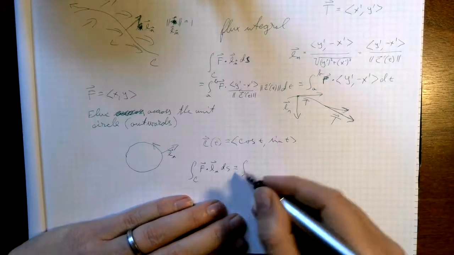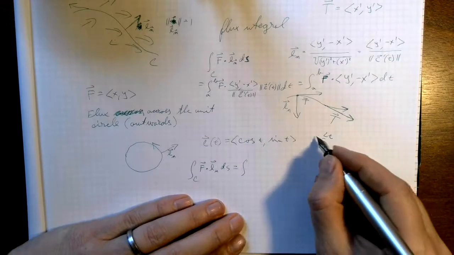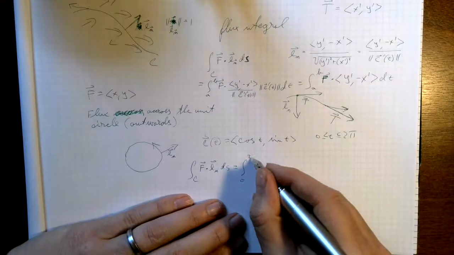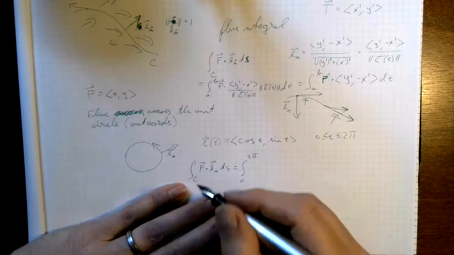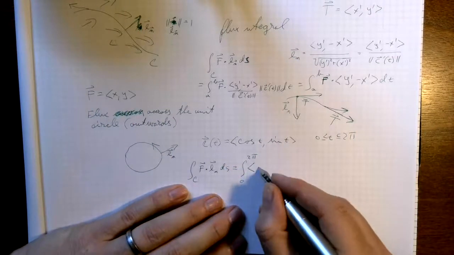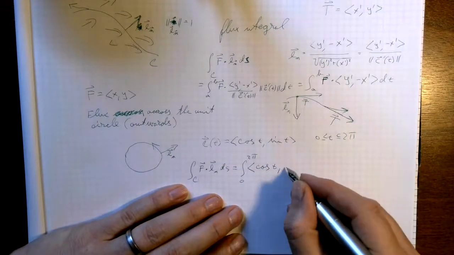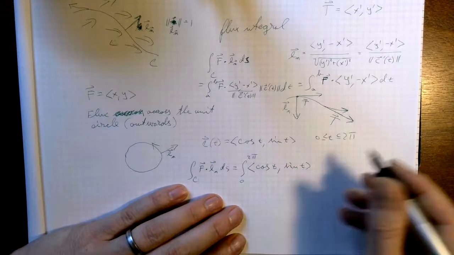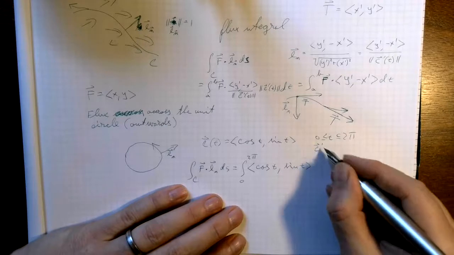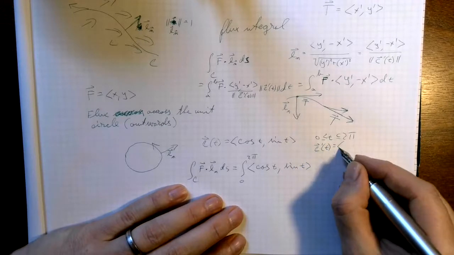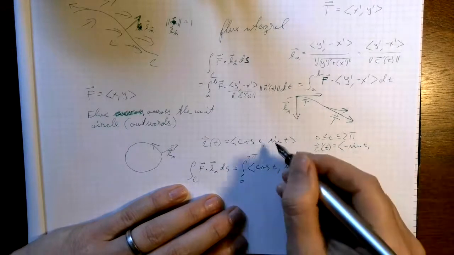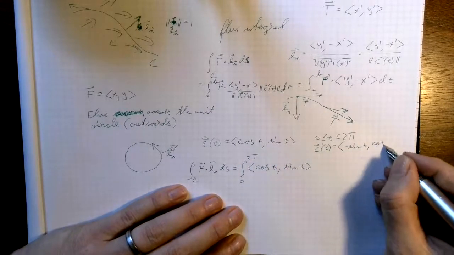So over here, if we're going once around the circle, t goes from 0 to 2 pi. What is F? F is x, y, so cosine t, sine t. What is c prime? x prime is minus sine t, y prime is cosine t.